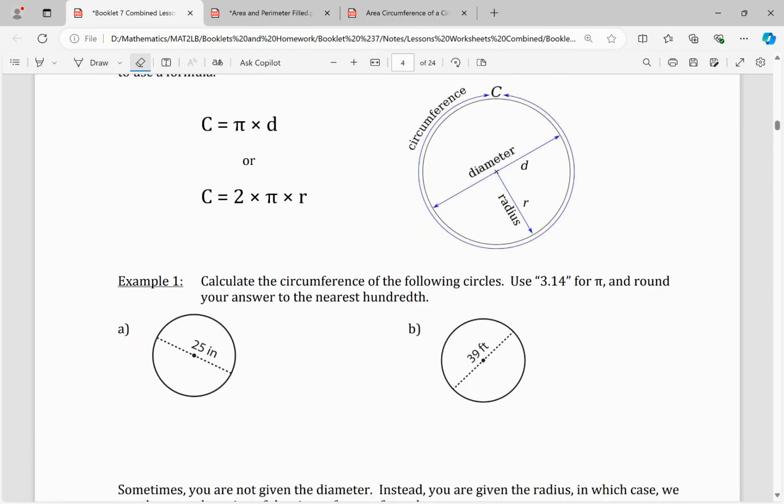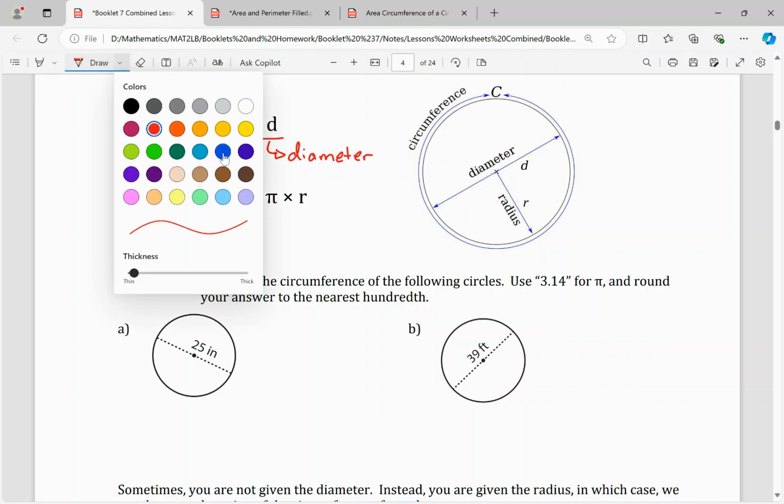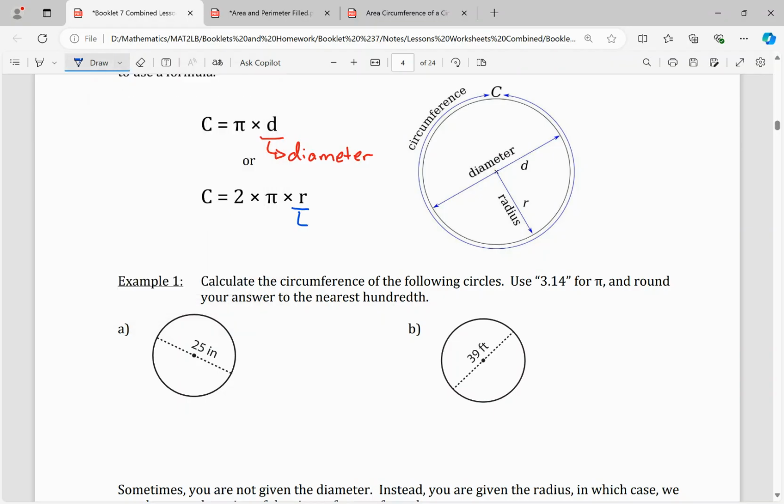So you are able to calculate the circumference if you have one of two things. Either the diameter, represented here by the letter D, or the radius, represented here by the letter R.